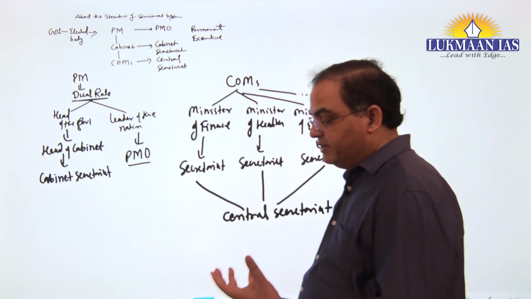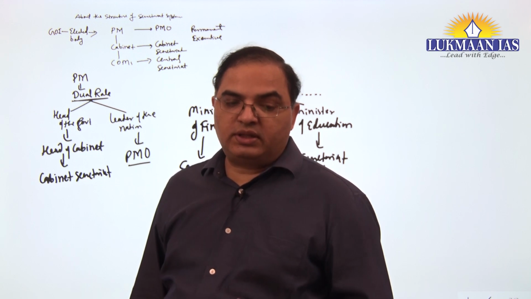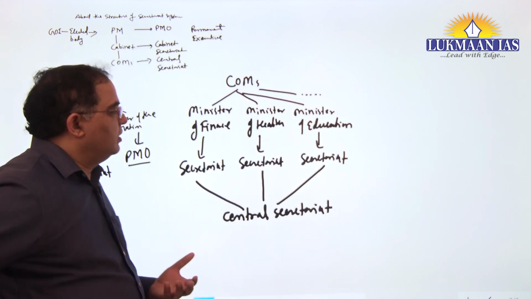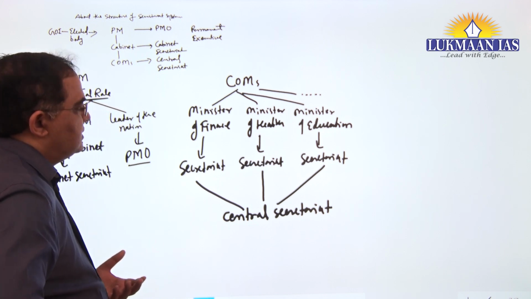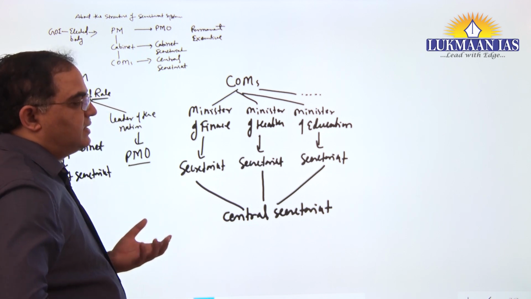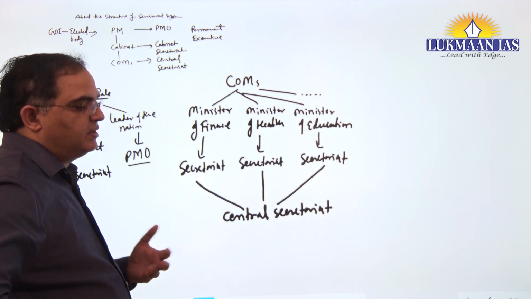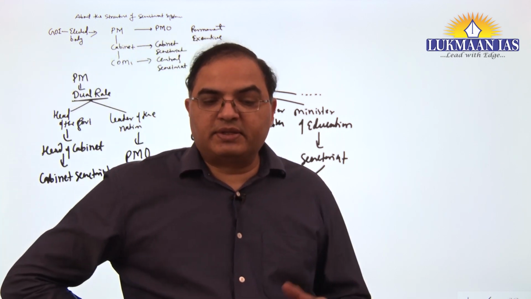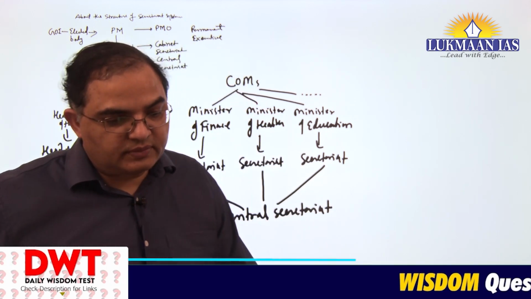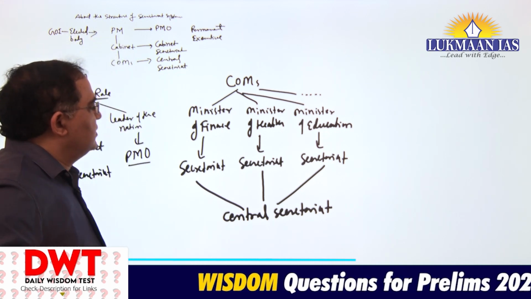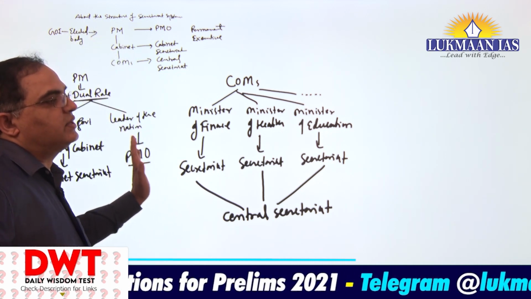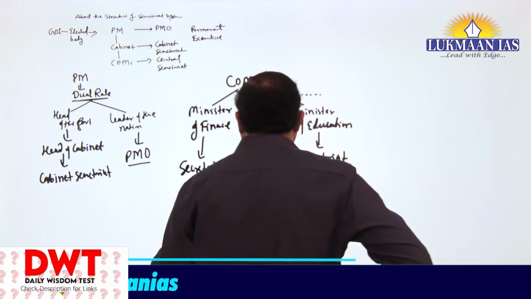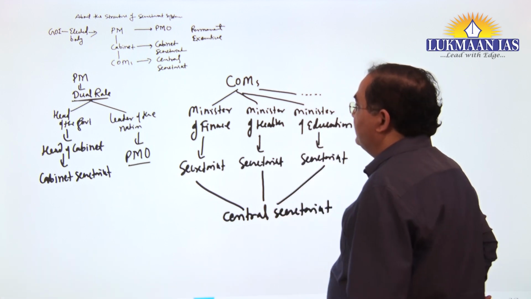It is nothing but a combination of all the secretariats together. So we don't address a Finance Secretariat or Health Secretariat like that. Rather you have Shastri Bhavan, Nirman Bhavan. Shastri Bhavan is basically a secretariat where they have the offices. So all ministries and departments will have their own secretariat, and combined together we say it as the Central Secretariat.